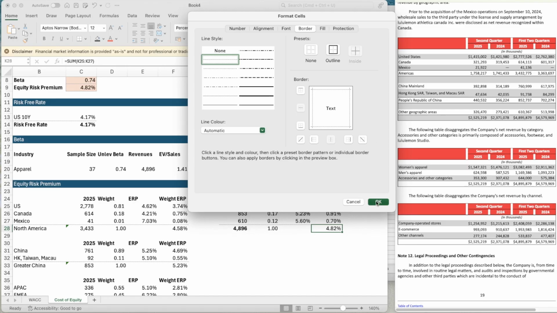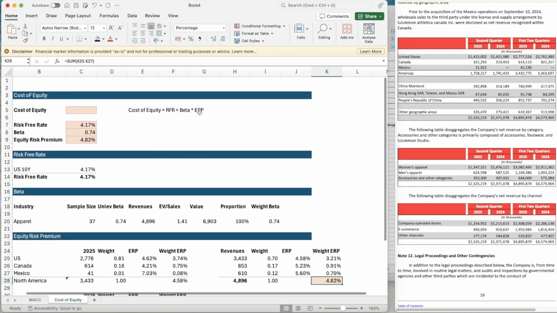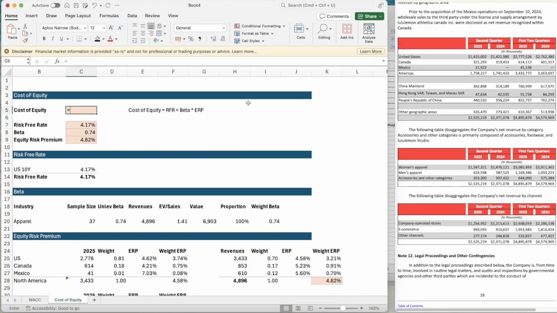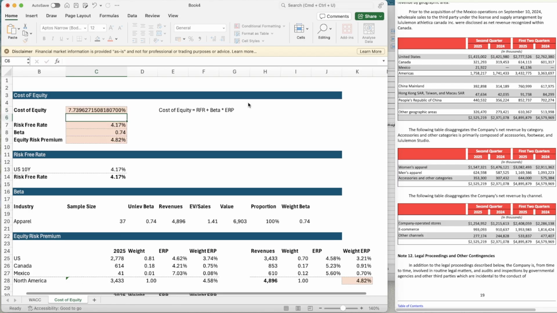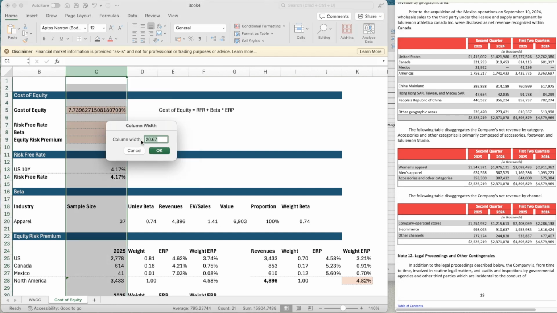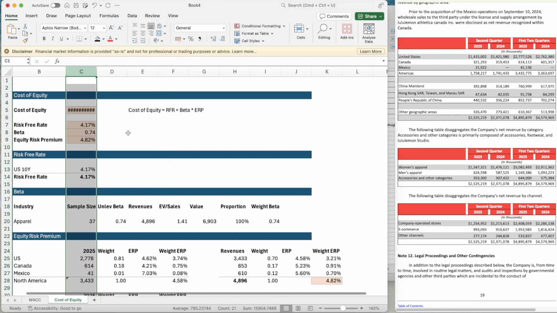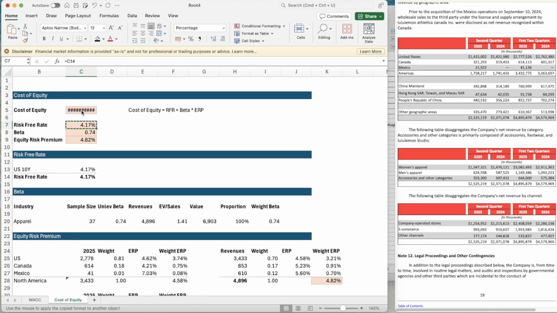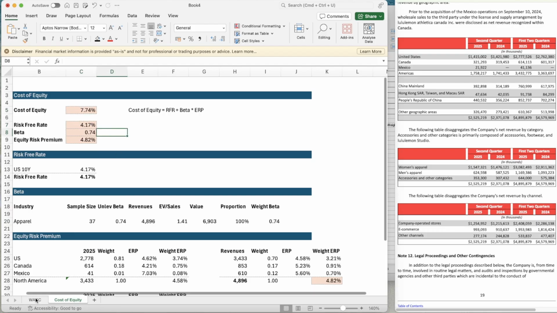Now we use this formula to calculate the cost of equity. So the cost of equity equals the risk-free rate plus the beta multiplied by the equity risk premium. Which we go like that, and we have 7.74.